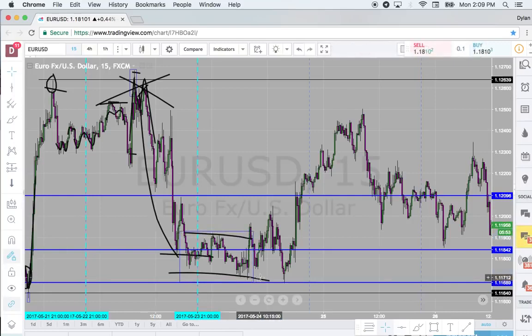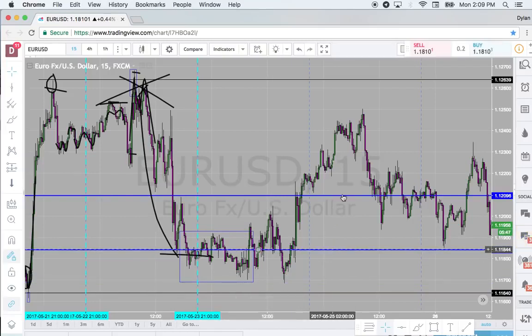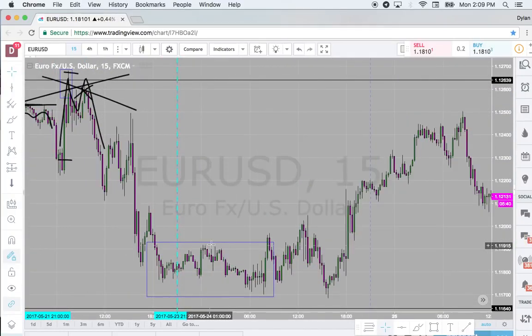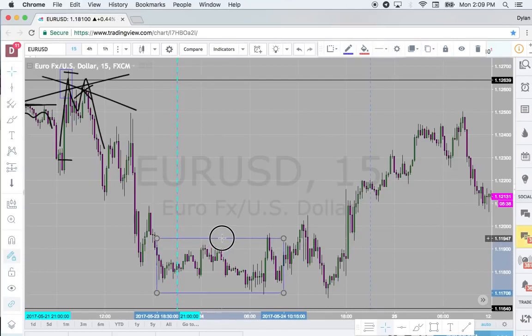This happens all the time, you guys. What's next? Well, after that consolidation, what do we know happens next? Breakout to the low or the high, London session.